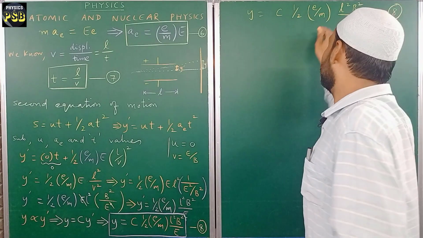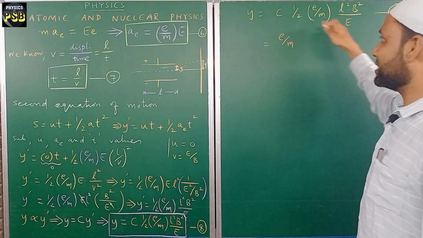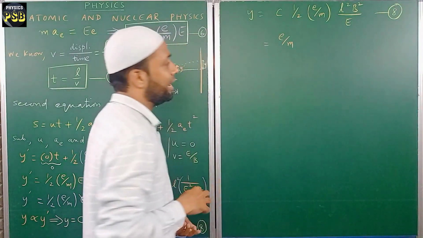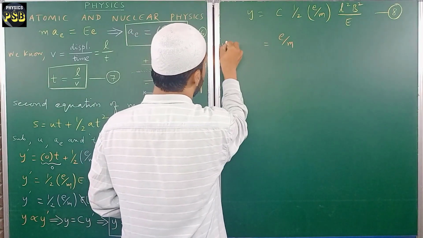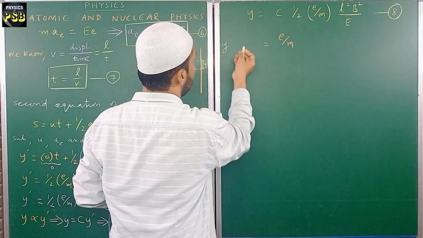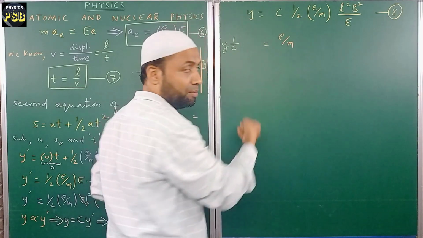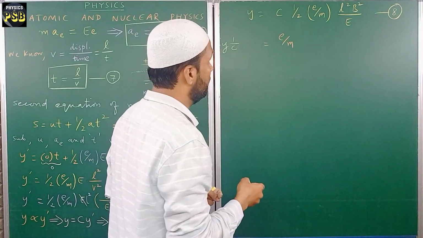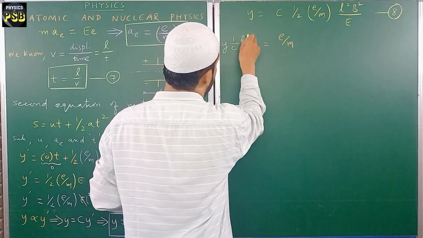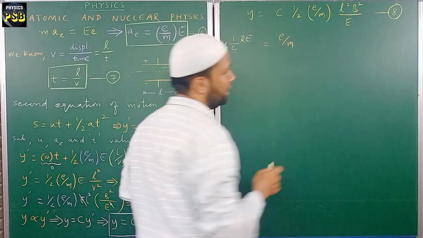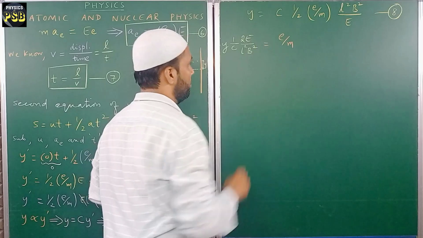So I keep this term on this side, whereas the other things are taken to the left hand side. On the left hand side I have y already. When c is brought, it will divide. Then 2 will multiply and go to the numerator along with the E. Then L square multiplied with B square will come down to the denominator.